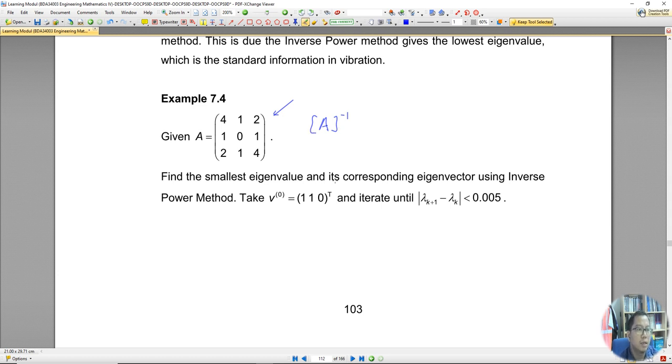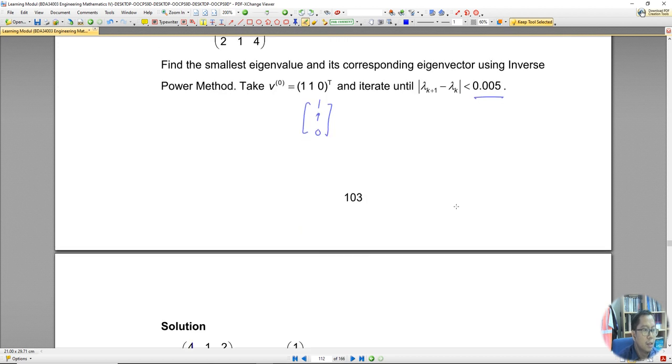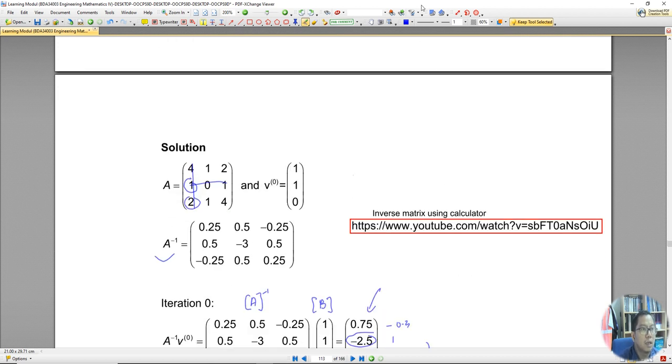Find the smallest eigenvalue and its corresponding eigenvector using the inverse power method, taking the initial eigenvector as 1 1 0 transpose, and iterate until 0.005.